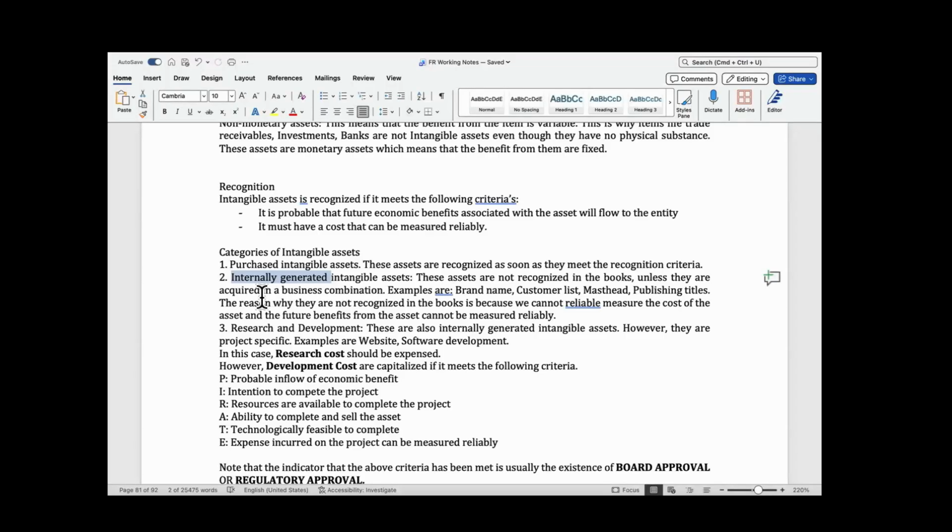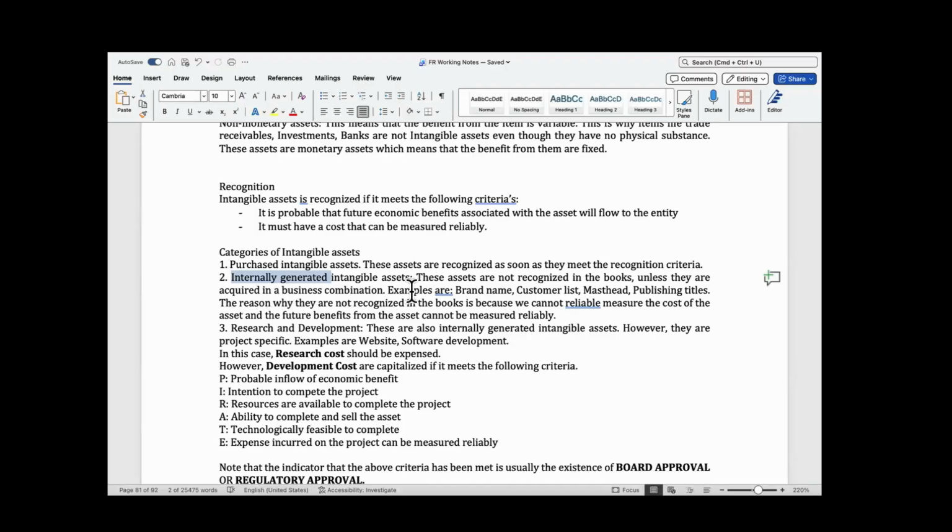But if you had bought another subsidiary or another entity, and part of what you paid for is that entity's internally generated intangible asset, then in that wise, the parent can recognize such an asset in its consolidated financial statement.